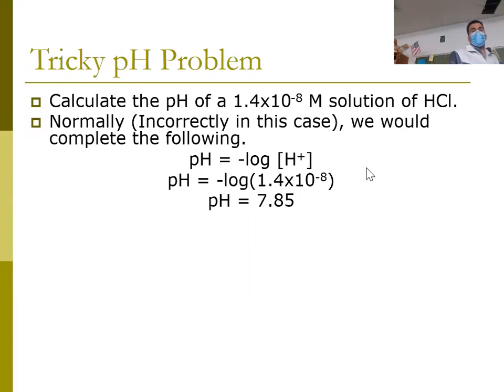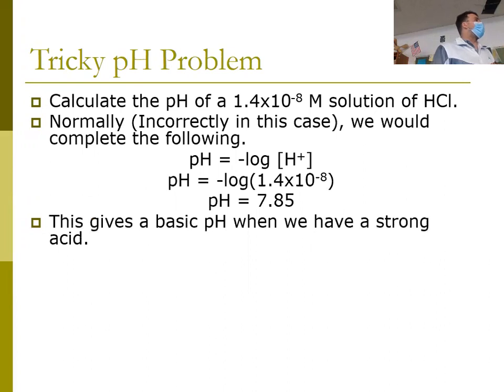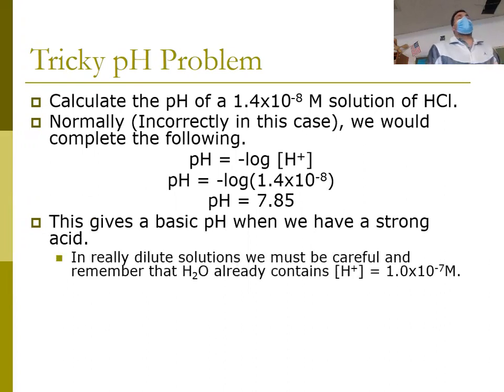So what you had to do is go back and realize, hey, wait a minute. I know that the Kw of water is 1.0 times 10 to the negative 14th, and I know that Kw is H plus times OH minus. So solving that equation out, I had Kw equal to x squared.